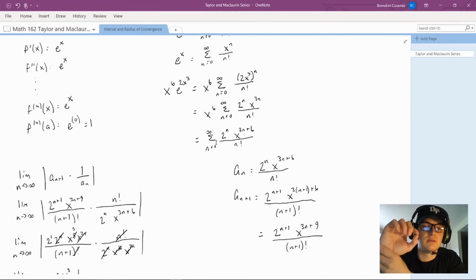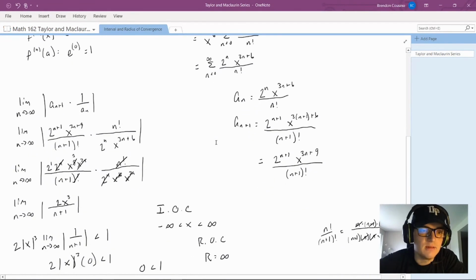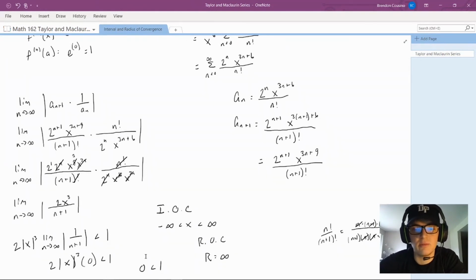So that was our series representation for the function we wanted to find the interval and radius of convergence for. We then used the ratio test to find the interval of convergence and the radius of convergence. And after we used the ratio test, we found that this series is always going to be less than 1. So that tells us our interval of convergence is all real values of x. And then our radius of convergence is half that, so it's just going to be infinity.